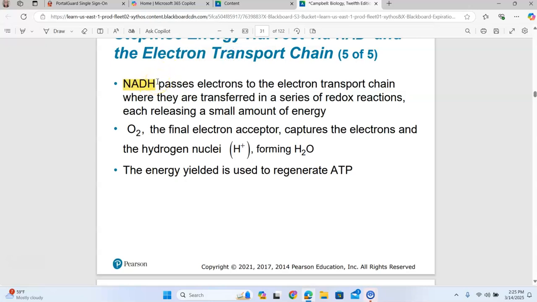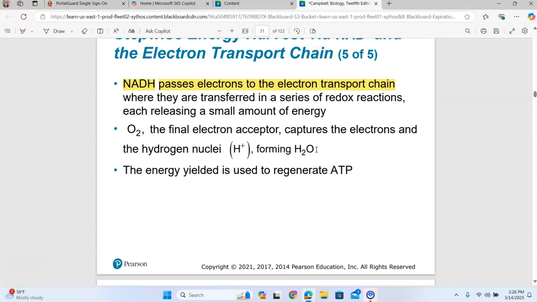It basically breaks down into electrons and hydrogen ions. So it passes those electrons to the electron transport chain. And then the hydrogen ions that are also produced, the energy from the electrons is used to pump the hydrogen ions across the mitochondrial membrane to the outside of the membrane.